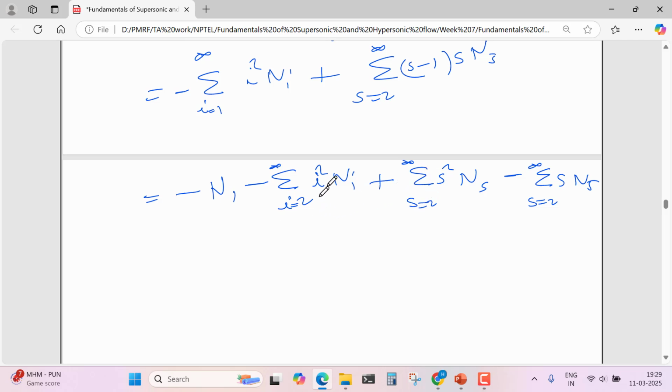You see both terms are the same, only the index is different, so these two will cancel. And this term, if you put the value of s equal to 1, minus n_1, is nothing but the term of this one. So we can write these two together as minus sigma i equal to 1 to infinity i n_i.